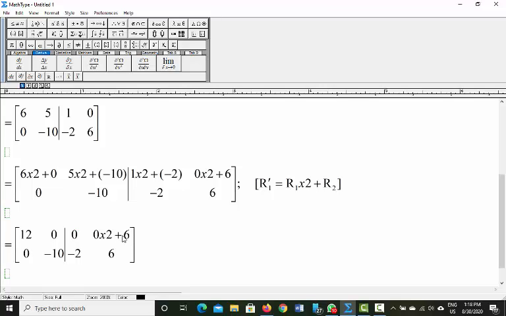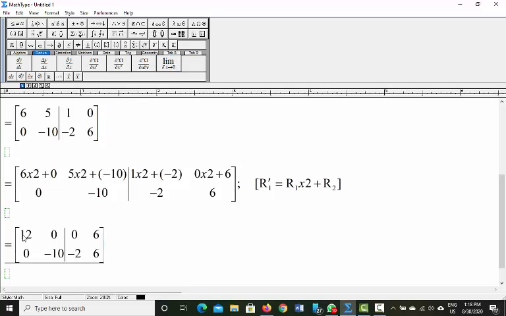And here, 0 multiplied by something is 0, so only 6. That's what we get. So as we can see, the left diagonal elements are 0 already.